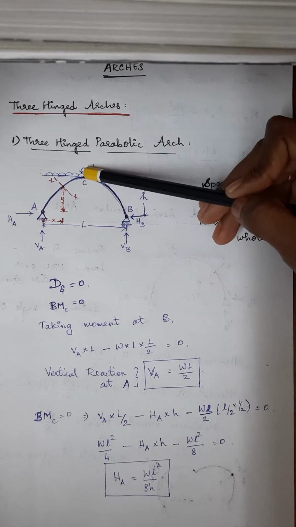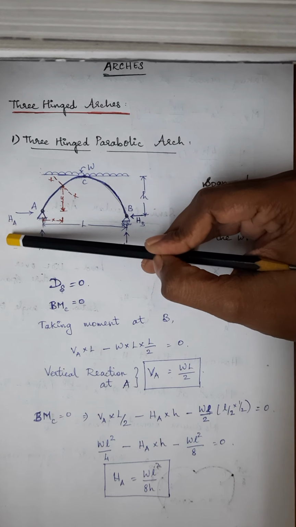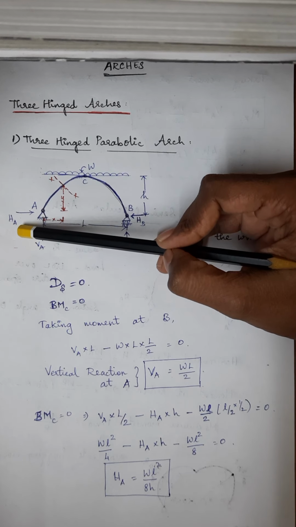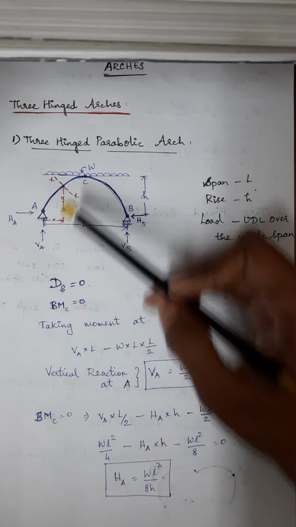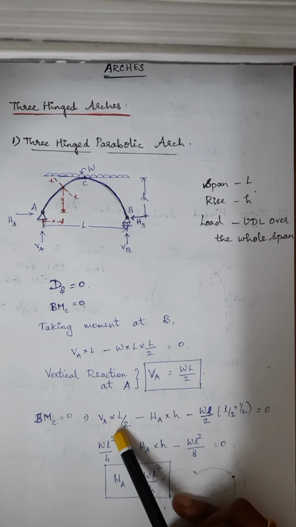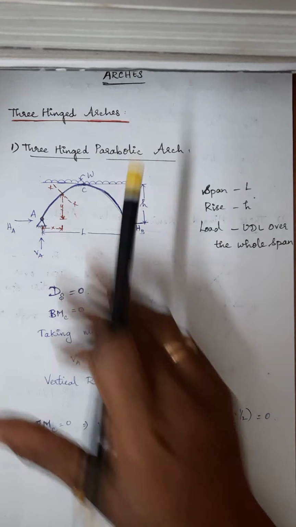Next, taking moment at point C, we can determine H. H is horizontal reaction, or here H is represented as horizontal thrust. So, by taking moment at point C, VA into L by 2, the distance here is L by 2.